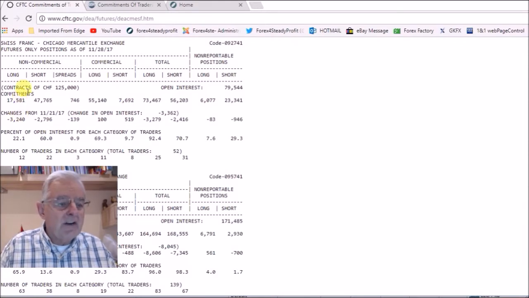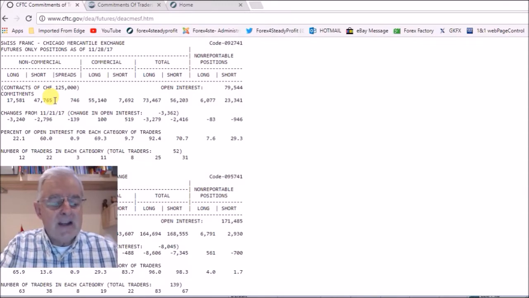Conversely, on the other side, the non-commercials, the speculators, have more short contracts than they do long. So there is a divergence between the two, and we will have a look now on the graph to see how that pans out.